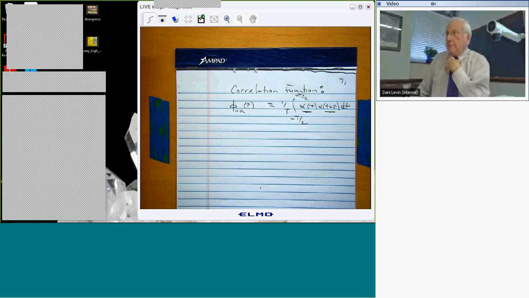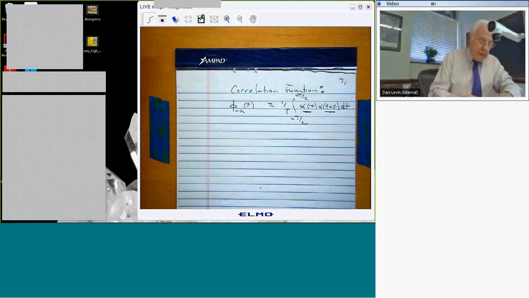Okay. Now I'm going to tell you the answer, and then next time we'll talk about it in a little more detail. This is some function of a time variable, tau.